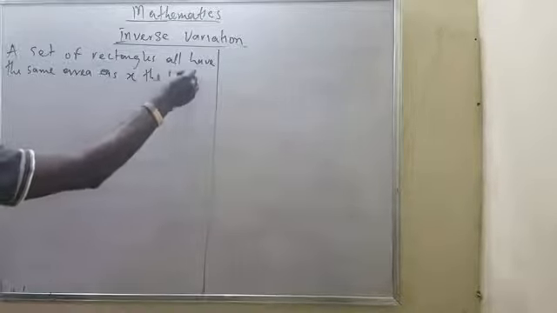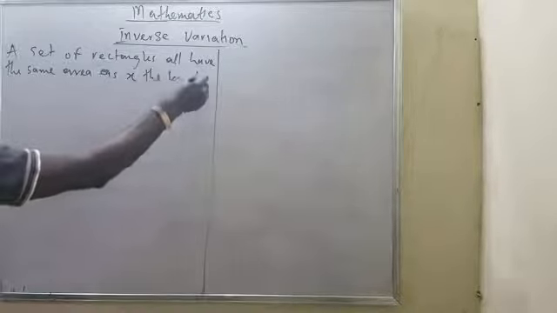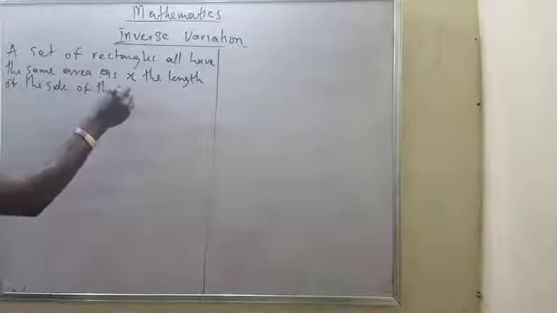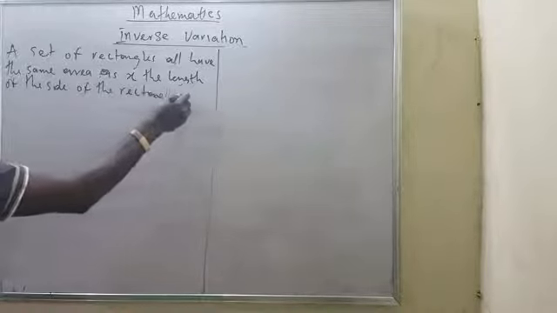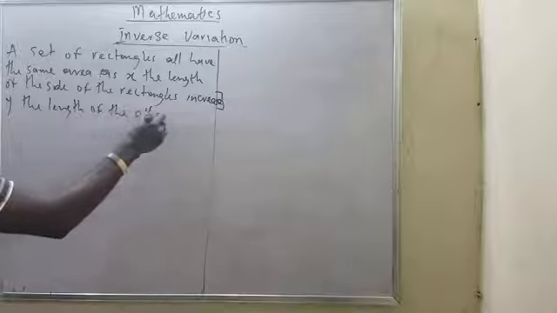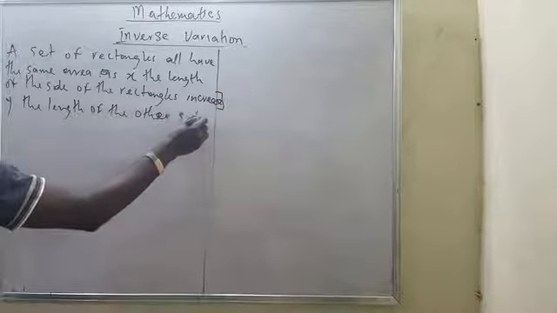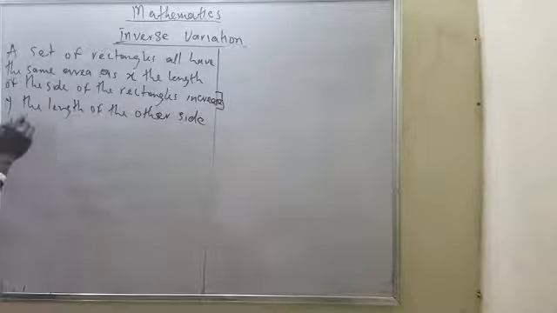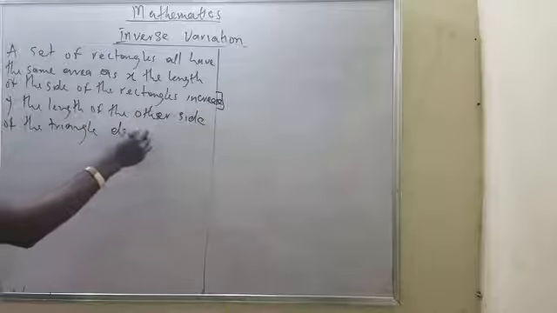The length of the side of the rectangle increases while the length of the other side of the triangle decreases.